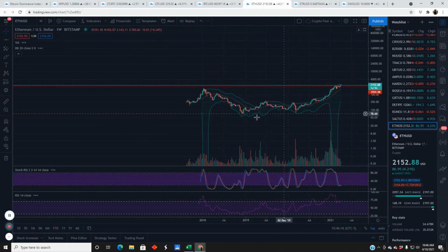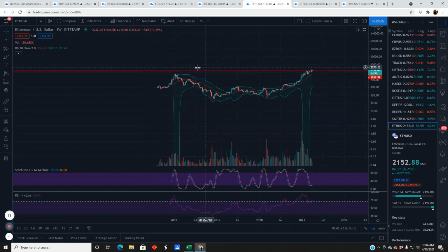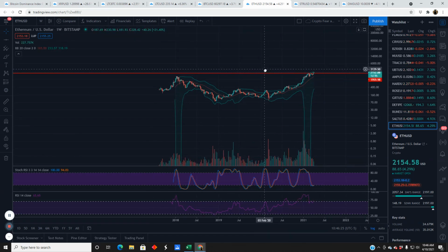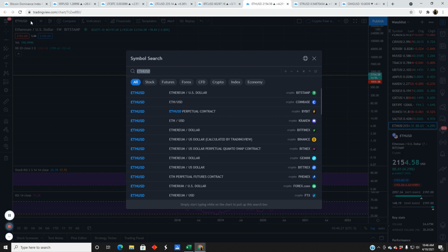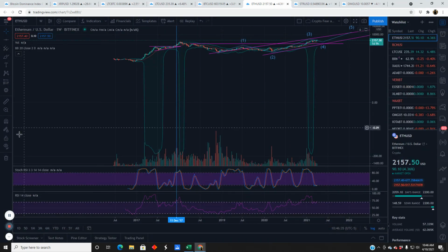Let's see what that looks like. This is a new chart. Ignore all that. Let's see what it looks like on a different one. Bitfinex has been around for a while. Okay, I'm going to go ahead and get rid of all that.